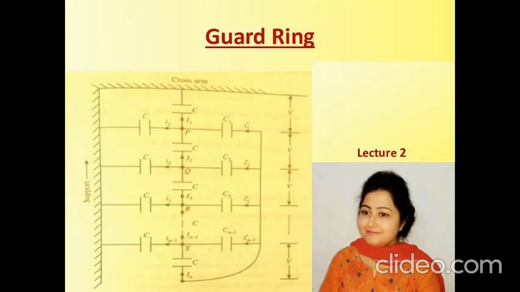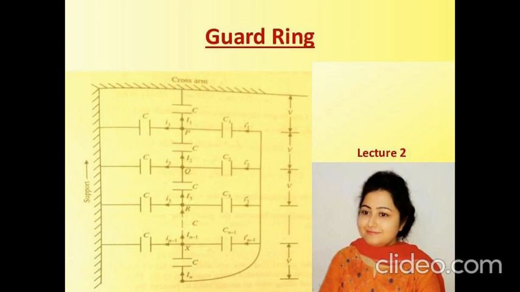So come to the third point, that is the guard ringing. Look at this picture. By using the guard ring, it is possible to make the voltage distribution uniform among the discs. The guard ring is a large metal ring connected to the metal work at the bottom of this unit and to the line.